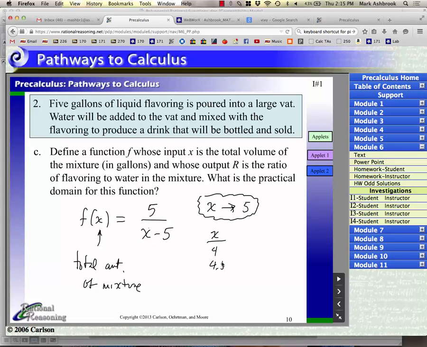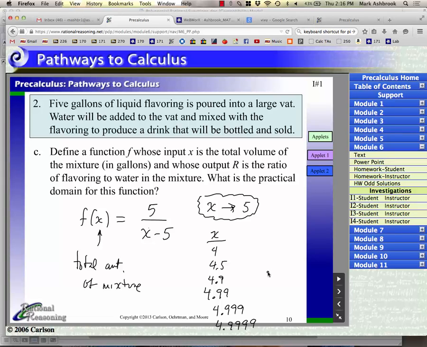It might be 4.5. And we get closer to 5, 4.9. And then 4.99. So this sequence of numbers is the spirit of x approaching 5. And then 4.9999. Get as close as you want. And then if you're not satisfied, get even closer. You can always get closer to 5.